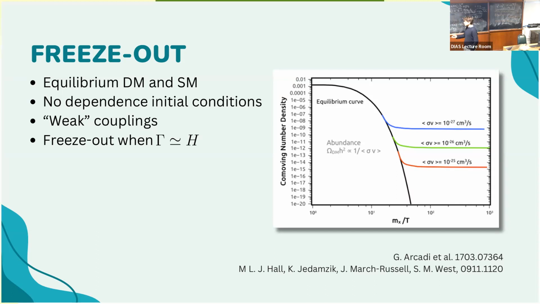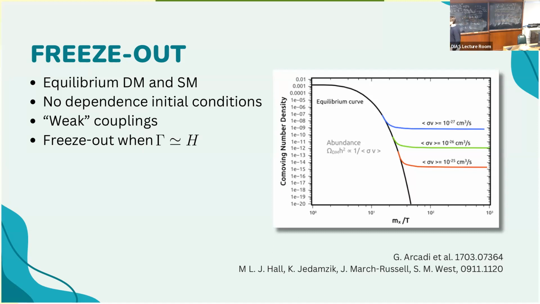In the early universe, the dark matter is in thermal equilibrium with the standard model. It doesn't really matter what happened before, whether the dark matter was produced through the inflaton or whatever, because it thermalizes and then follows the Fermi distribution, which is this black curve here.